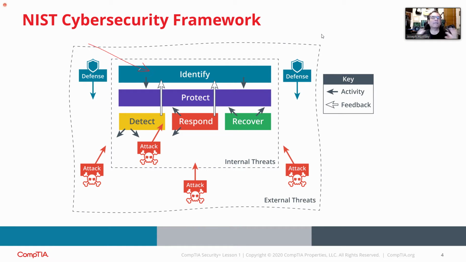That's the identify function as outlined in the NIST Cybersecurity Framework. And just so you know, the NIST CSF is a very widely used, widely adopted framework. Everybody uses this, okay?